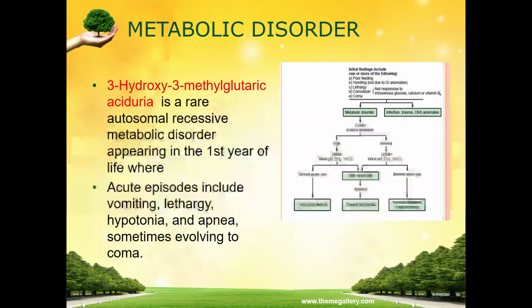When this happens, due to this toxicity, the person presents acute episodes that include vomiting, lethargy, hypotonia, apnea, and sometimes evolves to coma. This is diagnosed as 3-hydroxy-3-methylglutaric aciduria, a rare autosomal recessive metabolic disorder that appears in the first year of life.